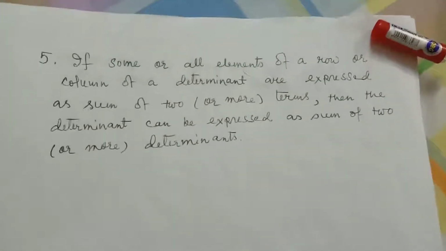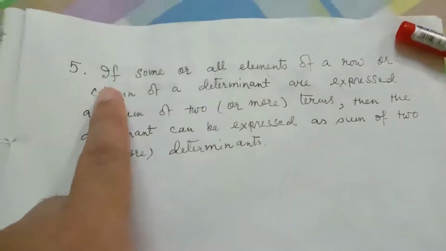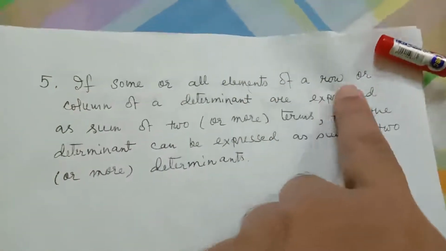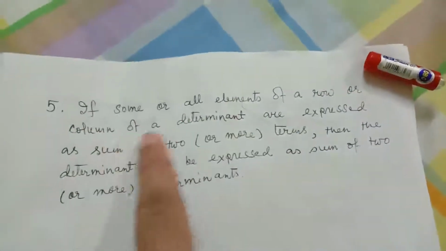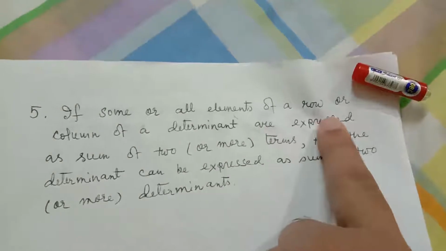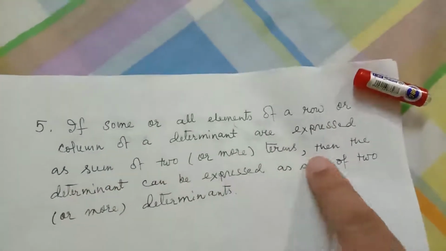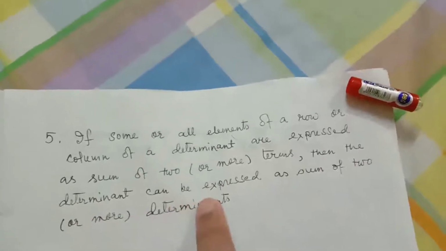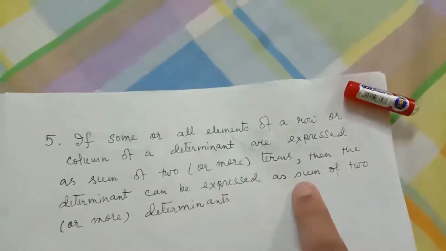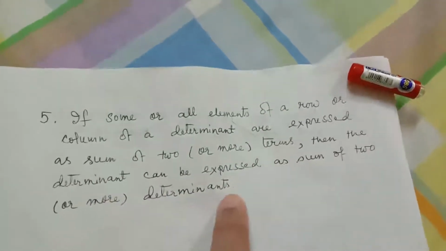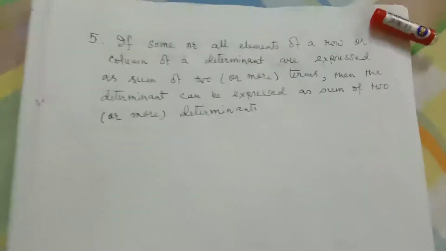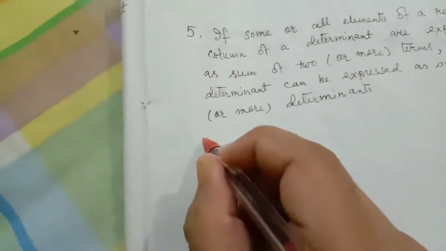Next, property number 5. If all elements of a row or column of a determinant are expressed as sum of two or more terms, then the determinant can be expressed as sum of two or more determinants. Let us take an example.